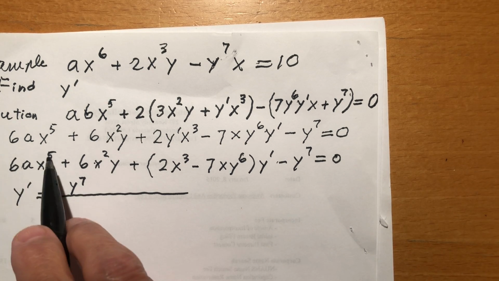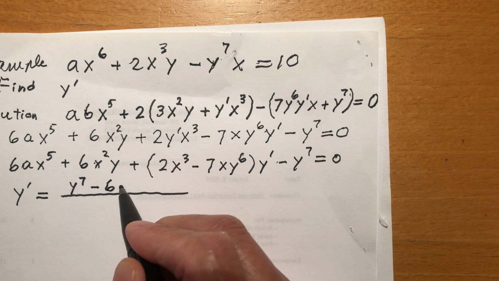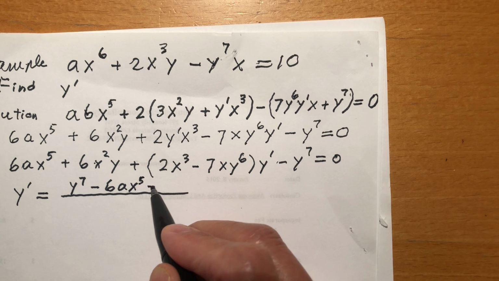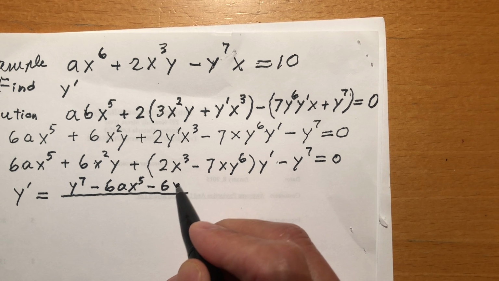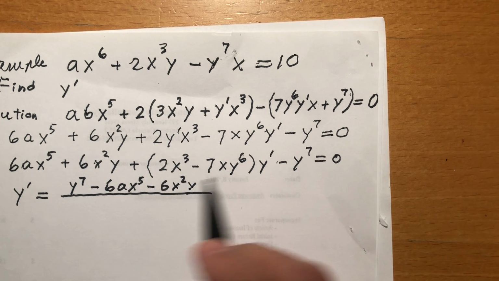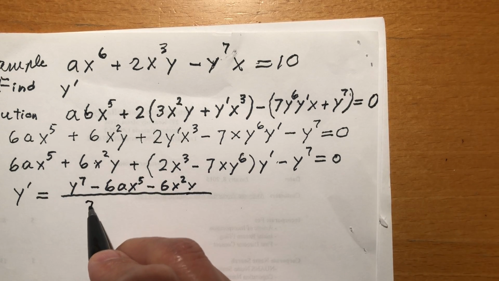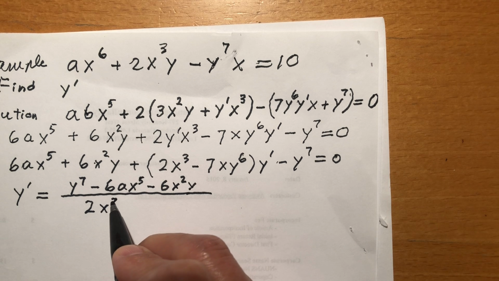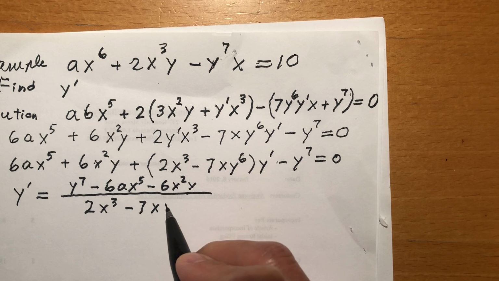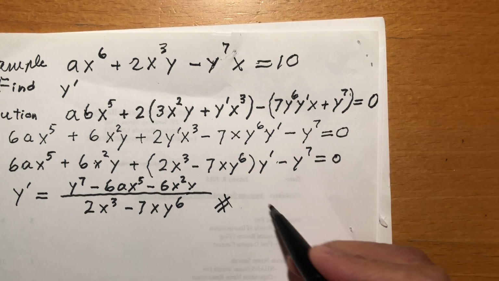And this term becomes negative, this term becomes negative. And this bracket is the denominator, right? That's it. That's our answer now.